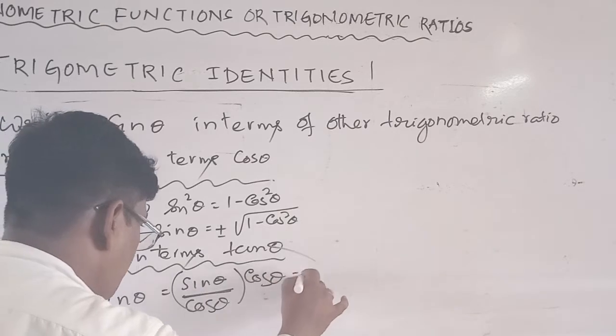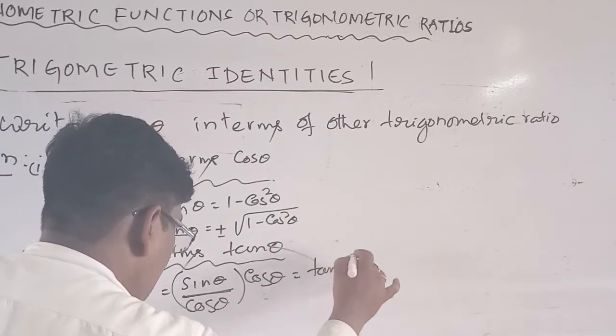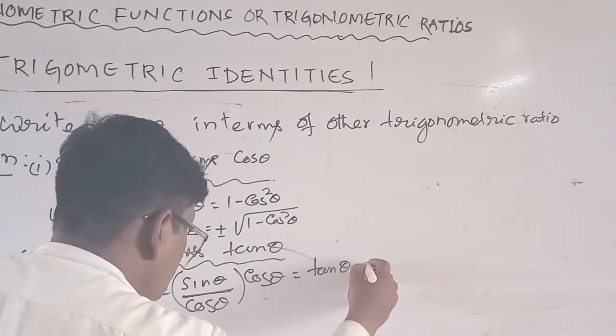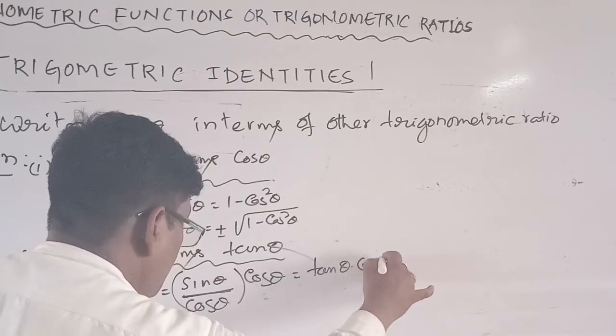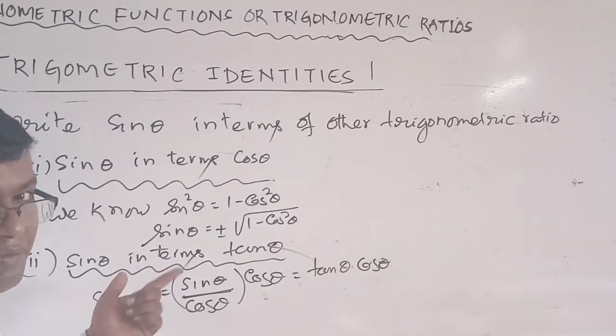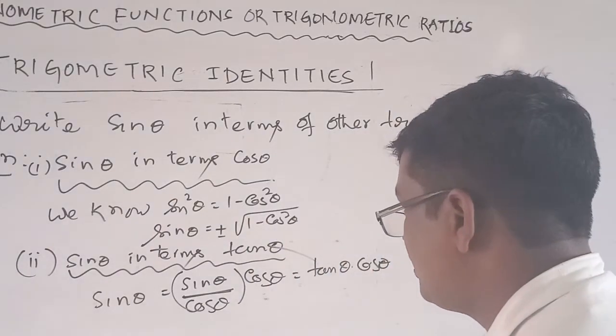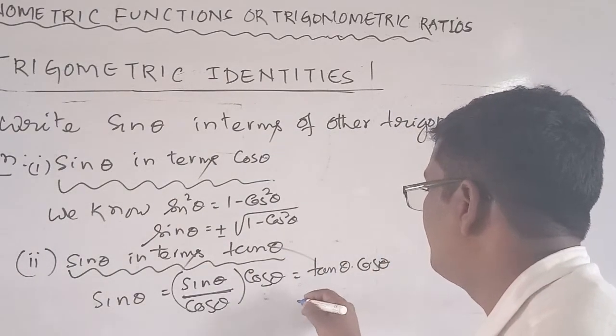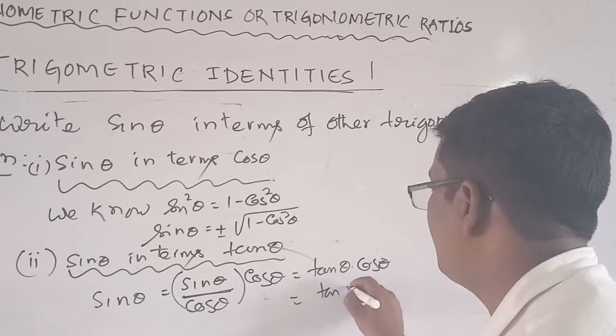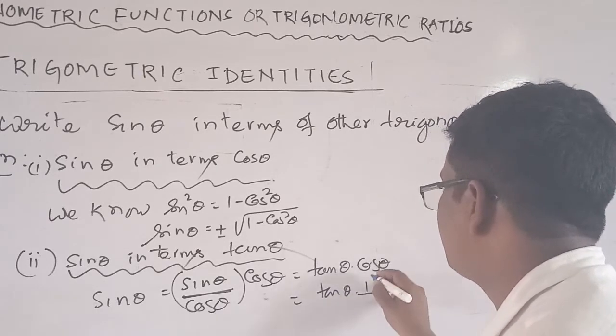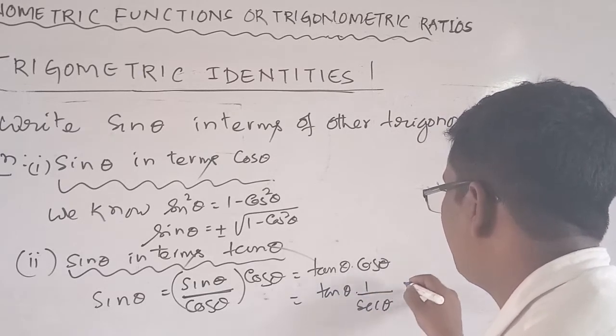So this is equal to tan theta into cos theta. Cos theta is equal to 1 by sec theta, so sin theta is equal to tan theta into 1 by sec theta. What is sec theta?